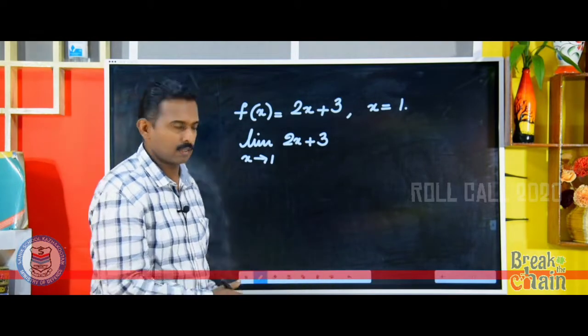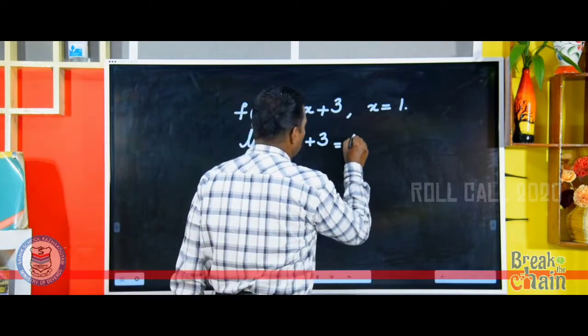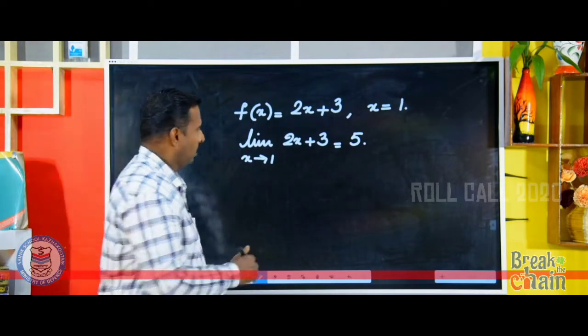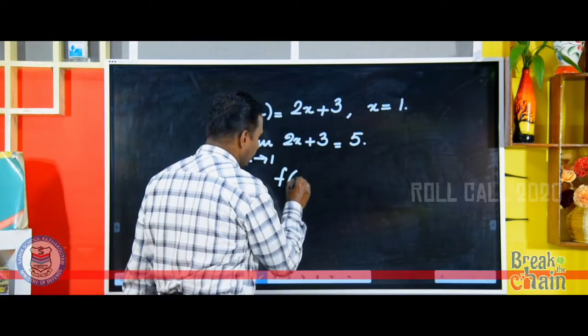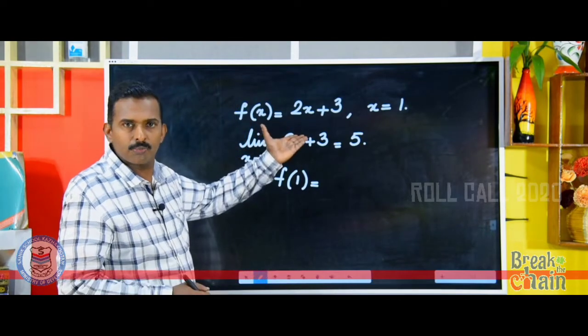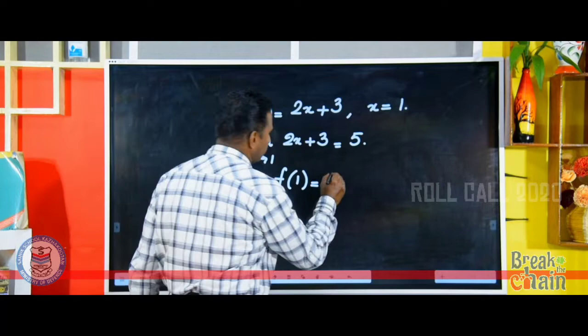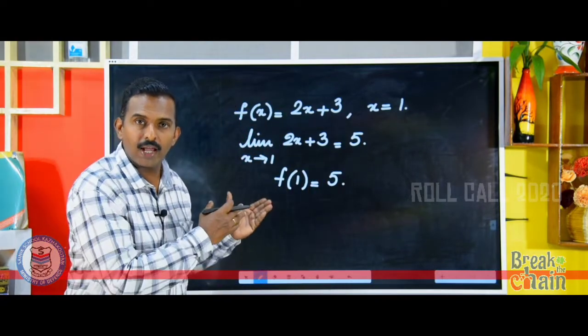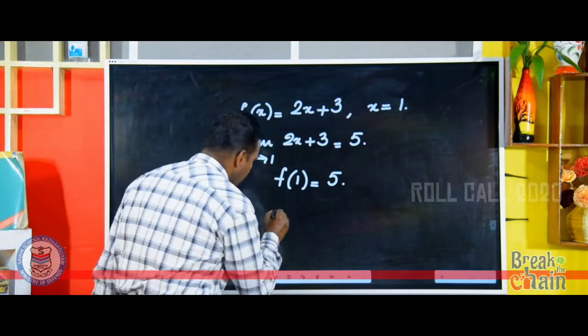Direct substitution. Therefore, the limit value is 5. f of 1, which is also substitution, is 5. Therefore, conclusion, the limit value and function value are equal.